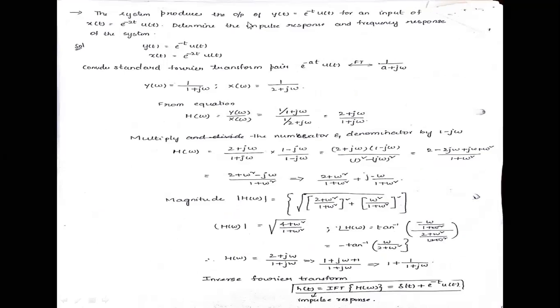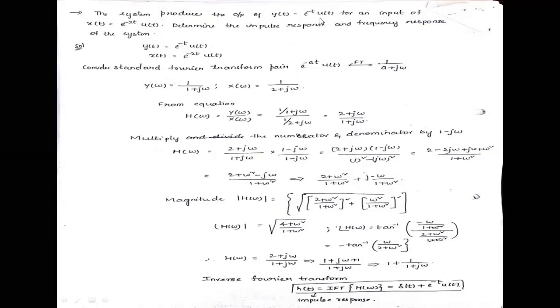The system produces the output y of t, which is e power minus t mu of t, for an input x of t equal to e power minus 2t mu of t.